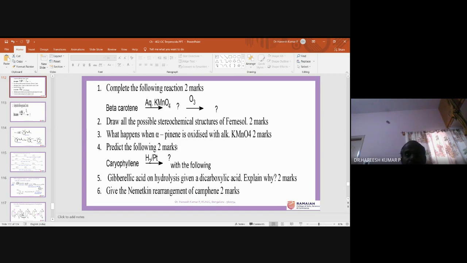And caryophyllene, when hydrogenated, since it contains two double bonds, will consume 2 moles of hydrogen, forming a saturated one. That you have to mention.